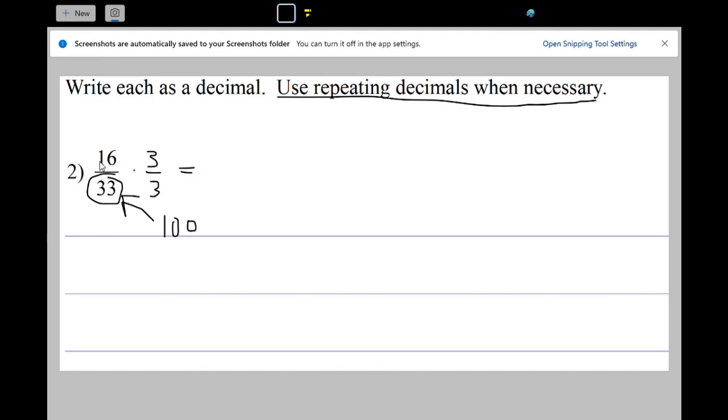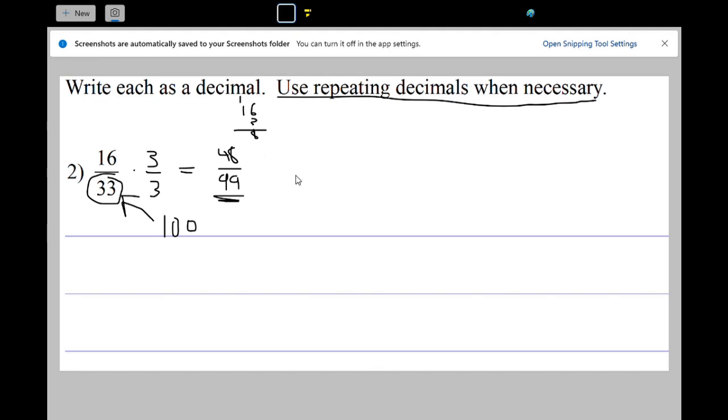16 times 3, let's see, we got 48 out of 99. Now, if we look at this, it's actually really close. 48 out of 99 is really close to hundredths, but we're a little bit off.